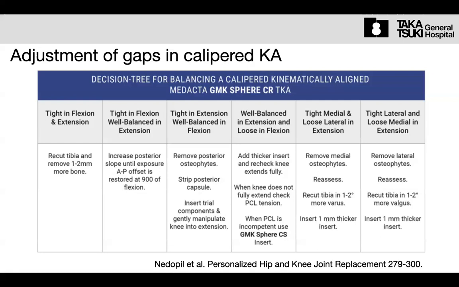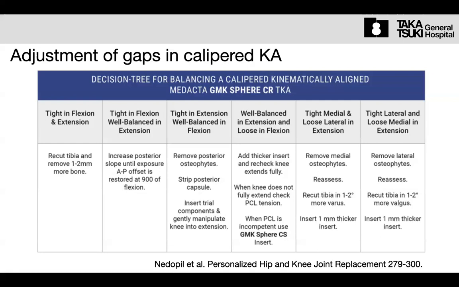In the bony gap, the posterior capsule can be straight because there is no femur component. So the capsule runs straight from the femur posterior condyle to the tibia posterior condyle.